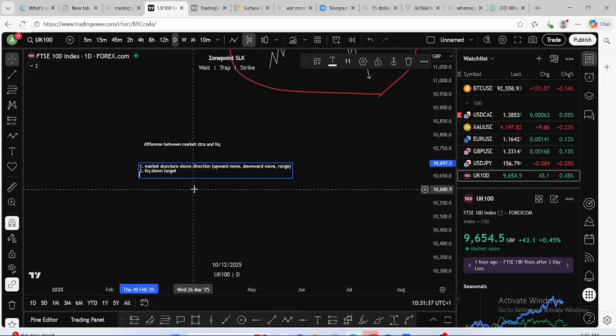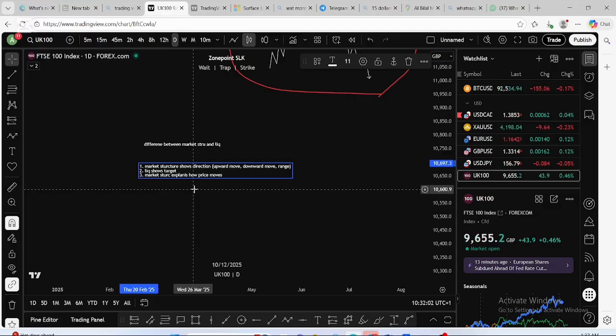Again, what does market structure do? Market structure explains how price moves. I'm just giving you the points. I've already done an explanation initially, like a brief introduction.